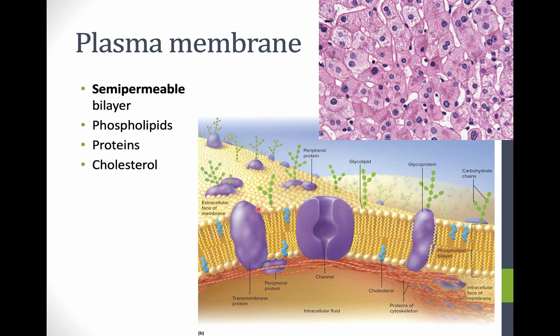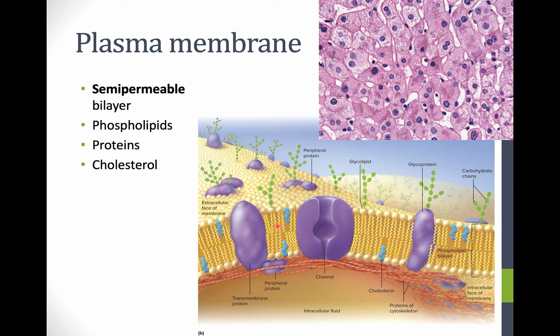And they were special. They were called amphipathic, right? They've got this head that likes water. It's called hydrophilic. And then they've got this tail region that doesn't like water. It's hydrophobic. Outside of a cell, that's this area up here, there's a lot of water. There's interstitial fluid between all of your cells. And inside of the cell, we have cellular fluid, the cytosol.